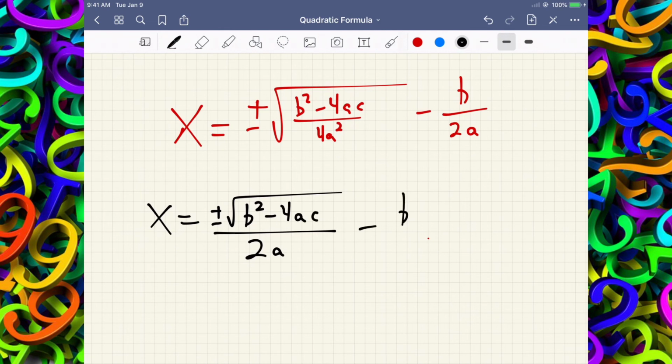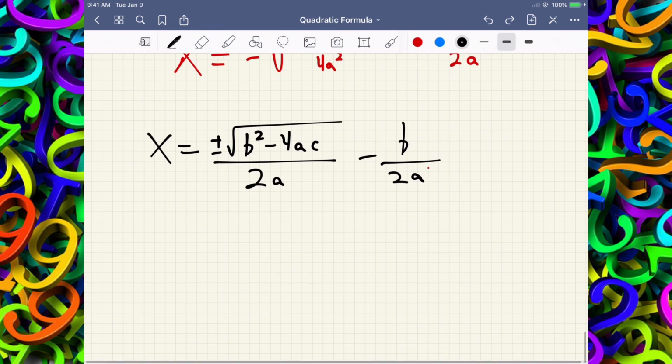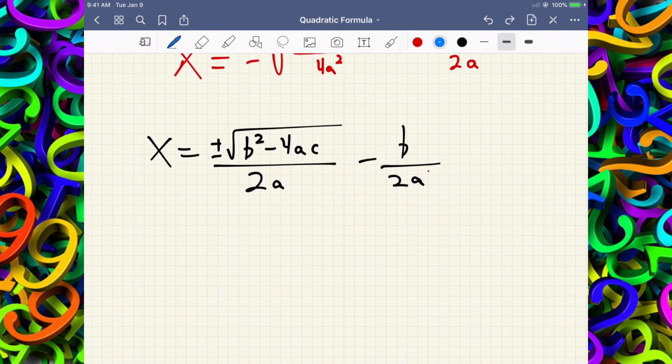We're getting closer. Minus 2b over 2a. Notice now we have two fractions being subtracted, and they both already have the same denominator. Wonderful. That makes life easy. So we're going to combine those two fractions together over one denominator. And we're going to put this negative b first and then our plus or minus just out of convention. It's just traditional to do that. We don't need to, but it is how we normally write our quadratic formula.